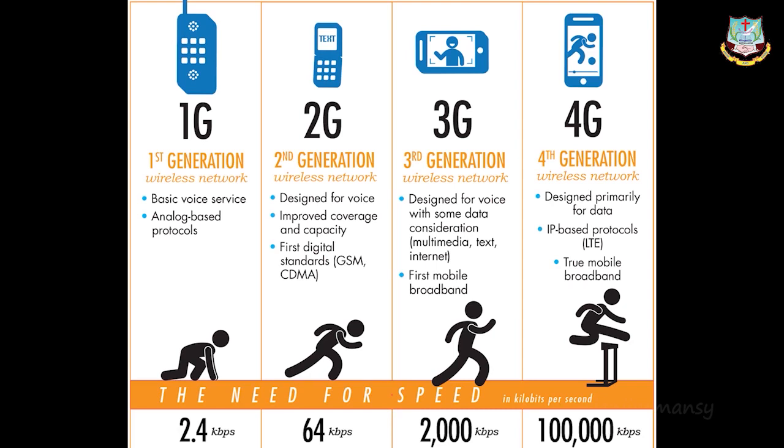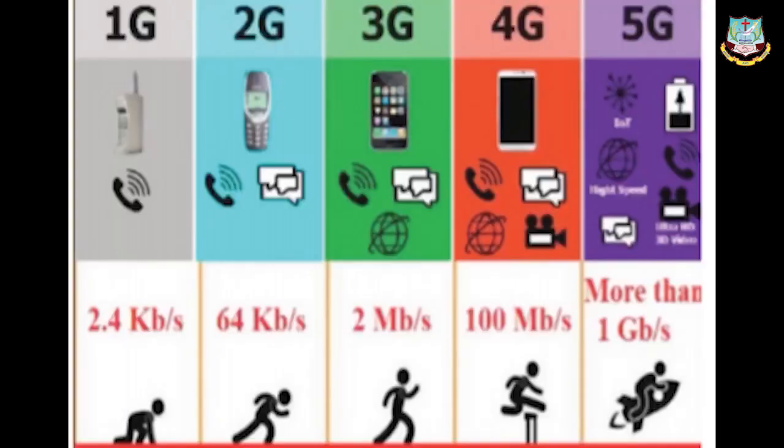This is an unencrypted transmission, and so this led to spoofing of identity. This is 1G, the first generation. In the year 1981, NMT launched. NMT is Nordic Mobile Telephone Communication, right?